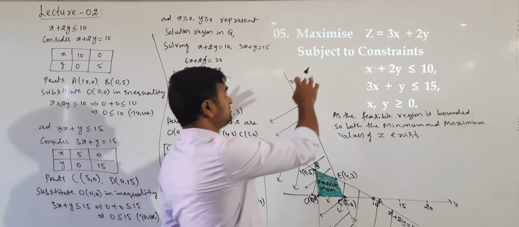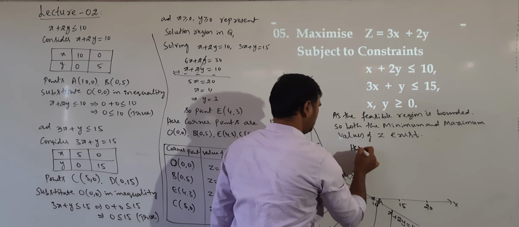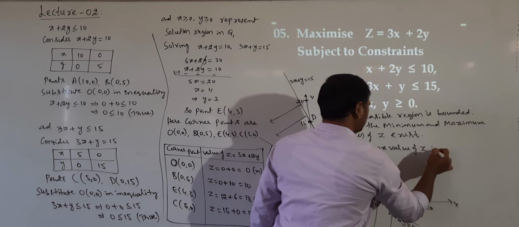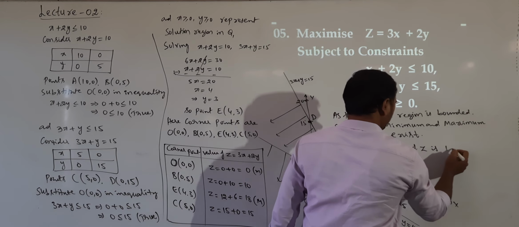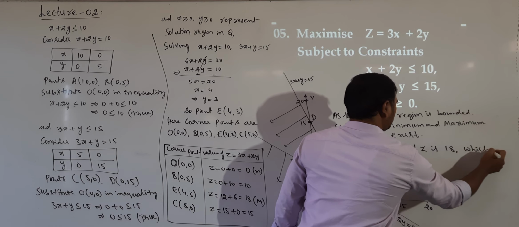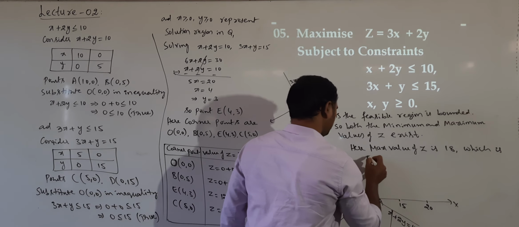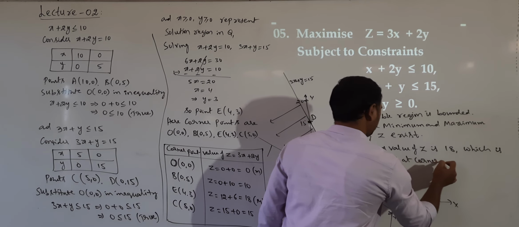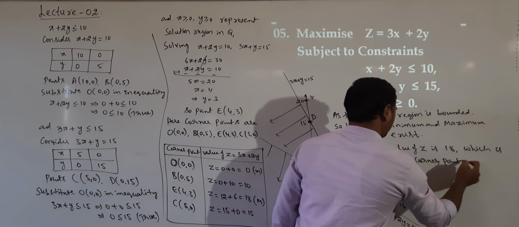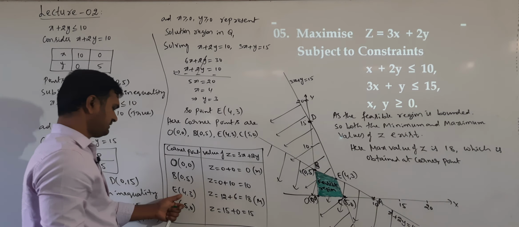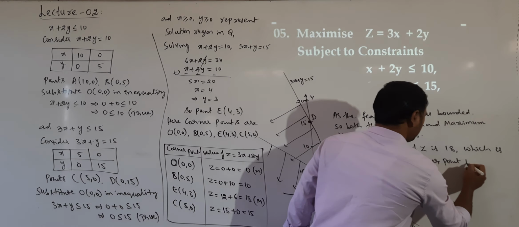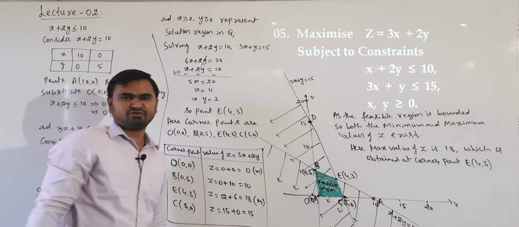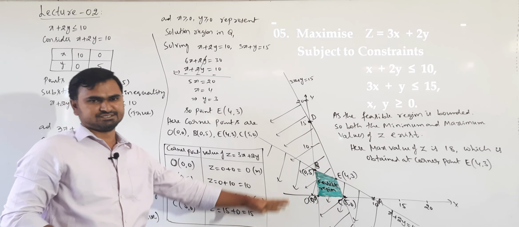Here we are interested in finding the maximum value. Here the maximum value of z is 18, which is obtained at the corner point 4, 3. So this is the maximum value of z subject to these constraints.